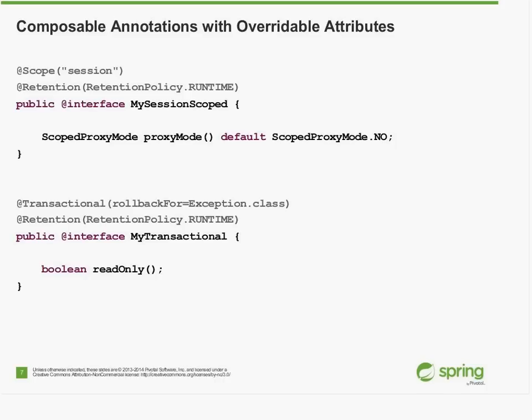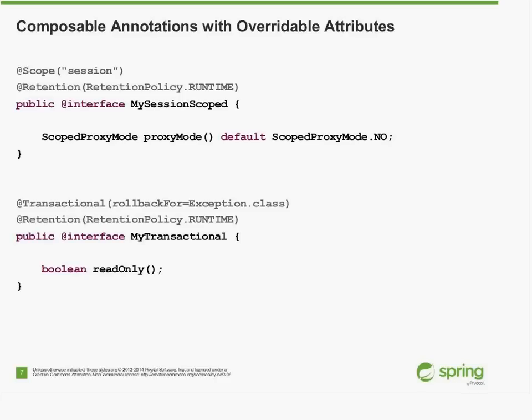That's why we basically allow you to do things like you can see here now. A scoping annotation that says MySessionScoped hard codes the session part. So it basically says I am a session scoping annotation. However, I leave the choice of proxy mode, of scope proxy mode, to my user.